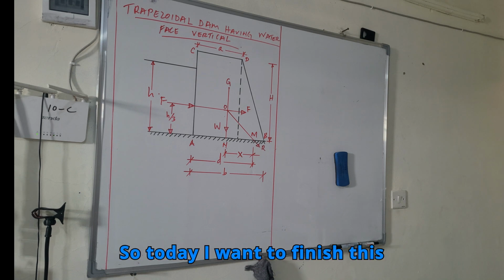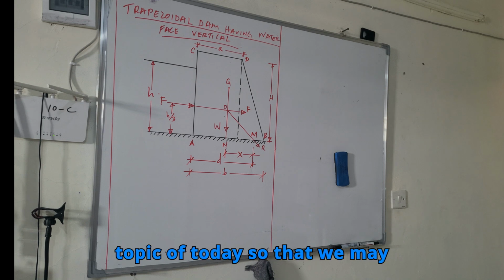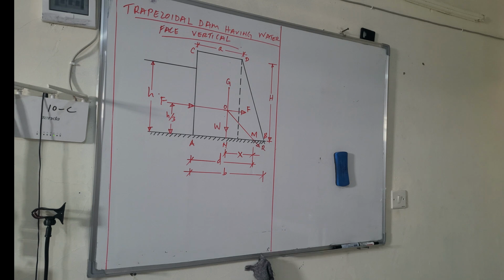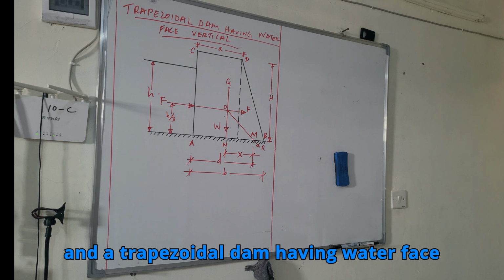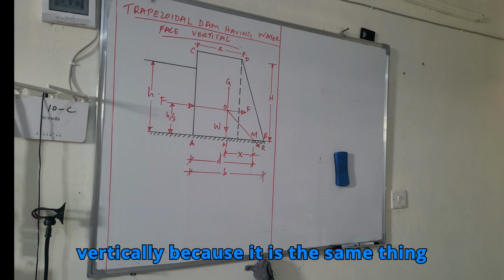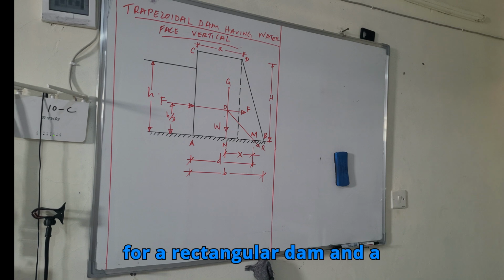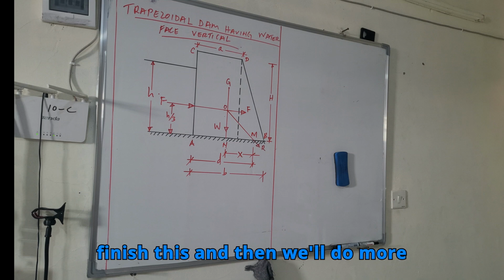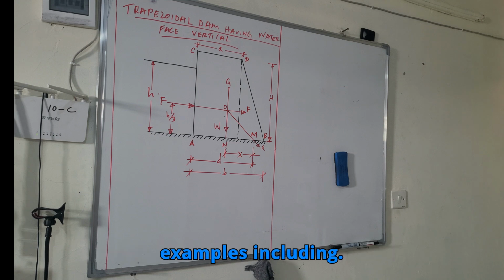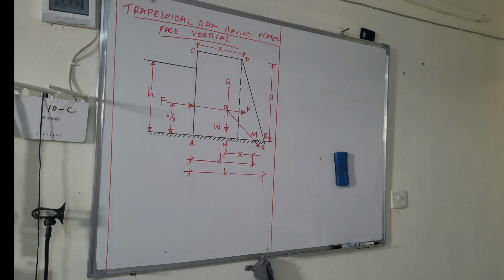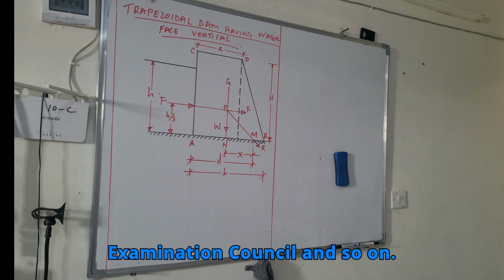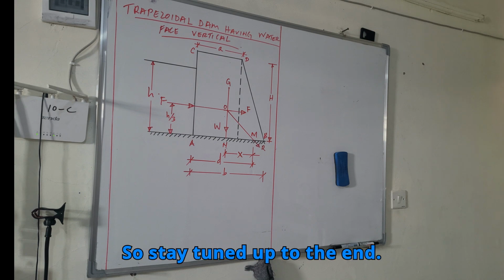So today I want to finish this topic so that we may tackle examples involving stresses across a trapezoidal dam having water face vertically, because it is the same thing for a rectangular dam and a trapezoidal dam. Then we will do more examples, including from past papers, that is Kenya National Examination Council, and so on. So stay tuned up to the end.